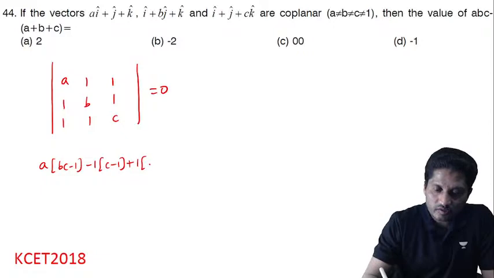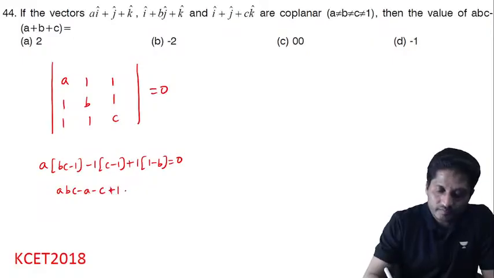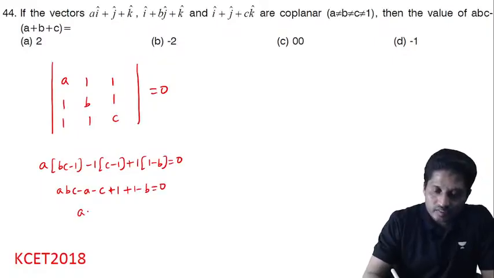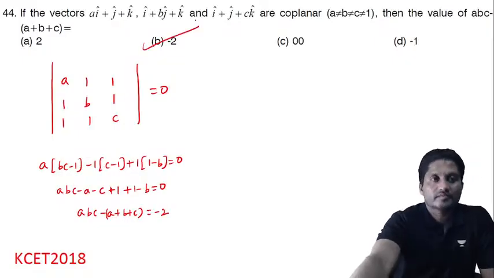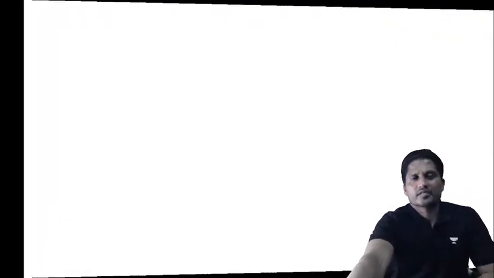First row, last column, you get 1 minus b equal to 0. abc minus a minus c plus 1 plus 1 minus b equal to 0. That is, you get abc minus of a plus b plus c equal to minus 2. Answer is option B. Right, let's move to the next question.